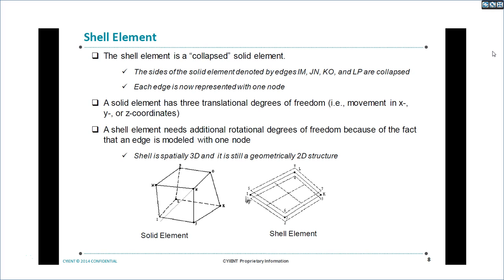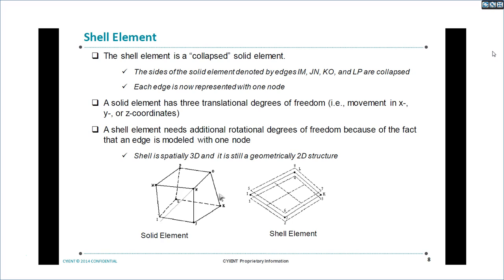Whereas for solid elements, it has only X, Y, Z, three translations. Shell element has three translations and three rotations, and solid element has three translations.